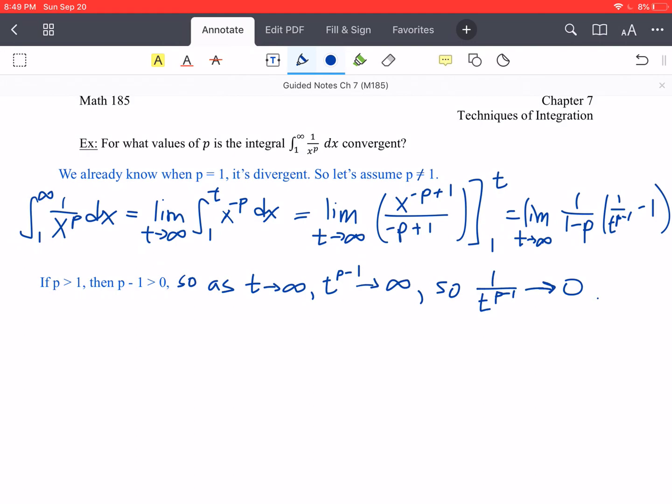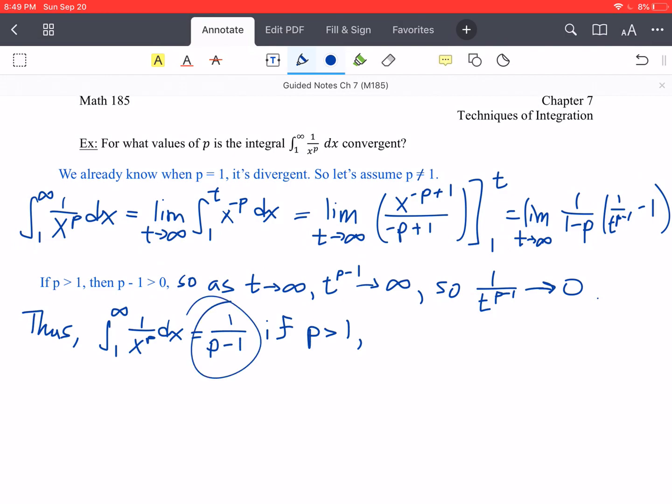So, thus, the integral from 1 to infinity of 1 over x to the p dx, if this heads to 0, then that leaves us with just negative 1 times 1 over 1 minus p. So multiply the negative in, that's just going to be 1 over p minus 1, if p is greater than 1.